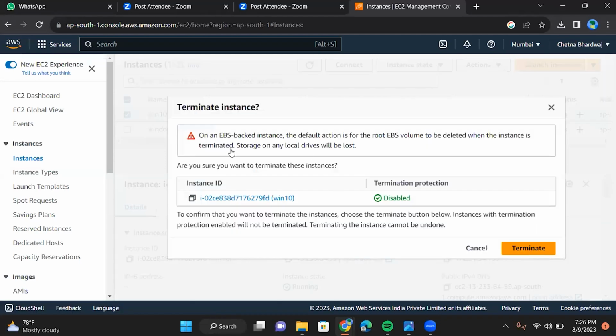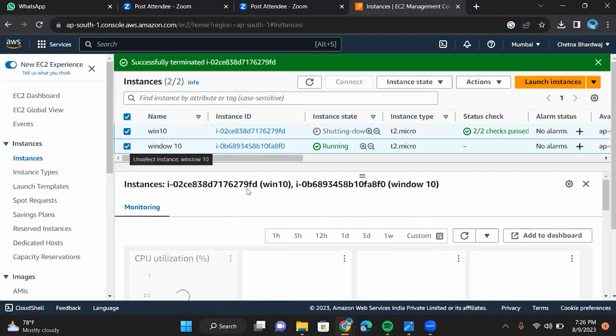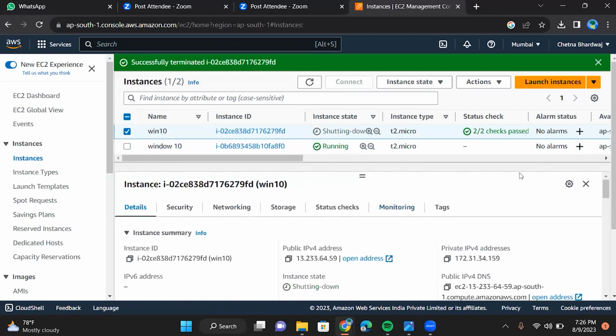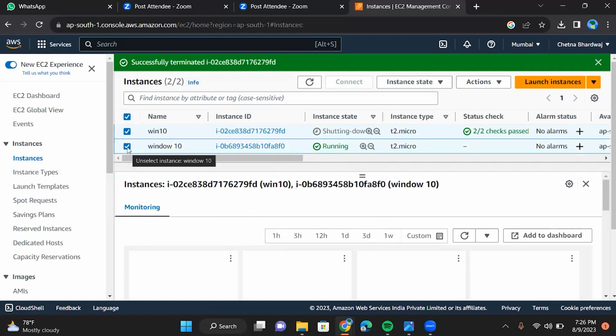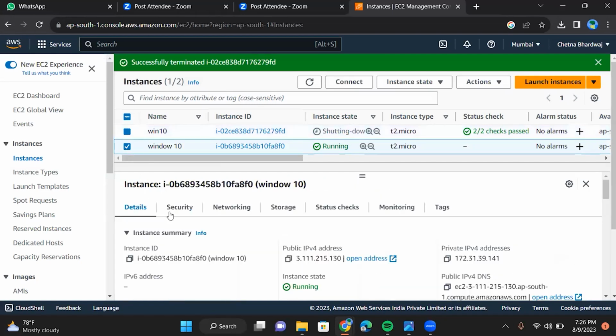I'm terminating this one, and this Windows 10 we have just created. Let's see what is the status.